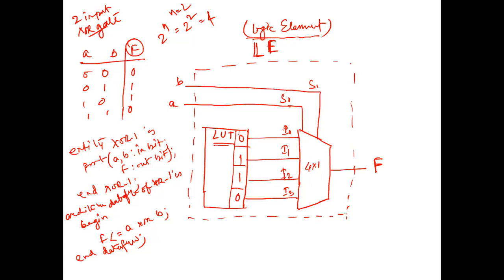Based on that, you can see here in the lookup table portion I have written 0 1 1 0, and we consider one multiplexer which is 4 cross 1. We connect the lookup table: I0 connected with value 0, I1 connected with value 1, I2 connected with value 1, and I3 also connected with 0.